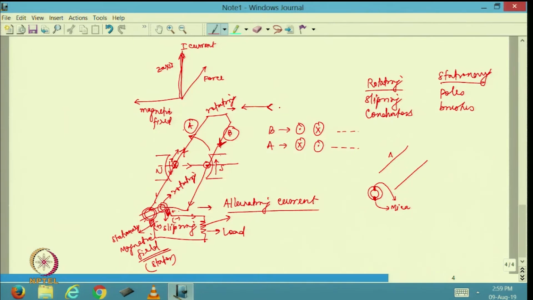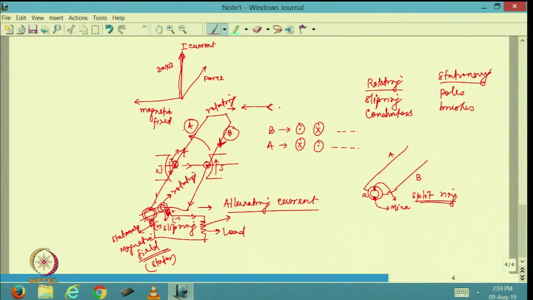Let us say this is conductor A and this is conductor B. So, conductor A will be connected to this portion of the split ring which I am calling as A, and this portion of the split ring, please note this is split ring because the ring is split into two portions and they are insulated from each other with mica.